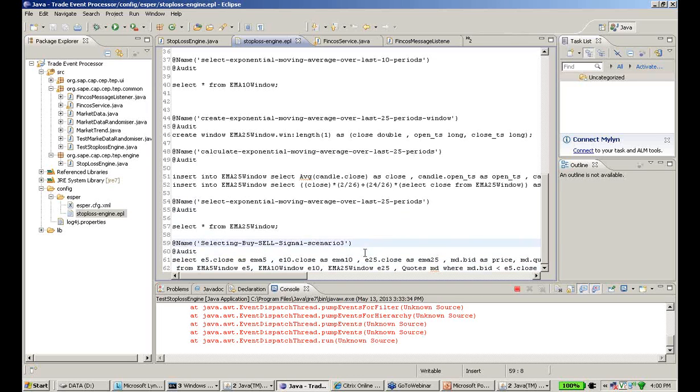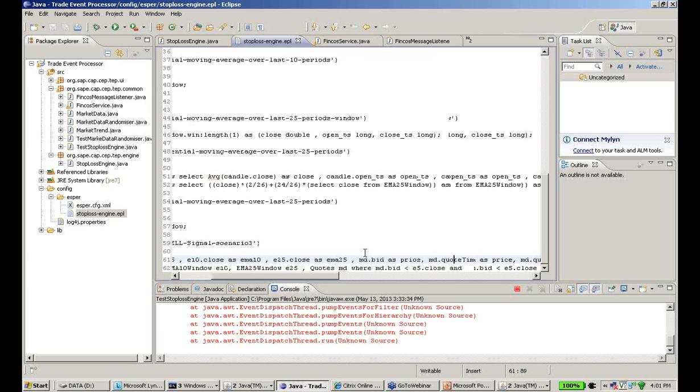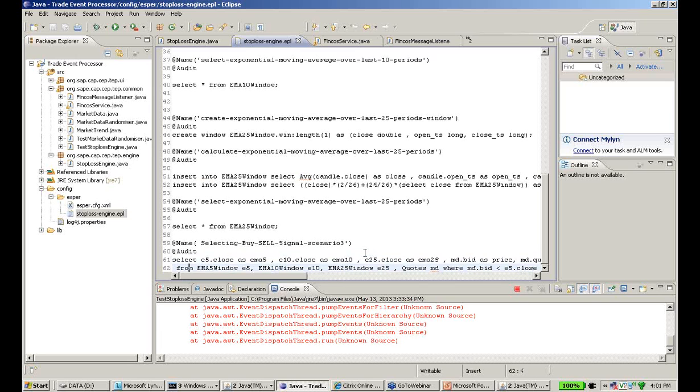The last statement is the selection of our buy sell signal. In our case, it is a stop loss signal. This statement selects the exponential moving average at that particular point in time, the 3 EMAs and the market bid size, which we will be plotting in our graph.